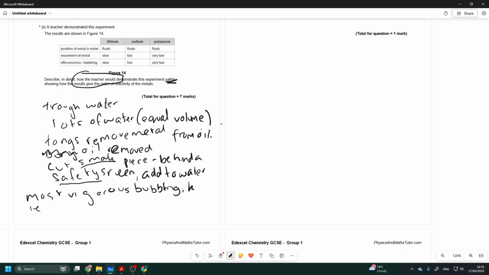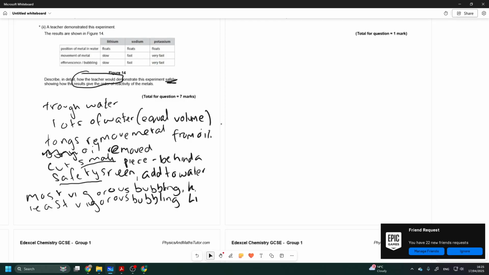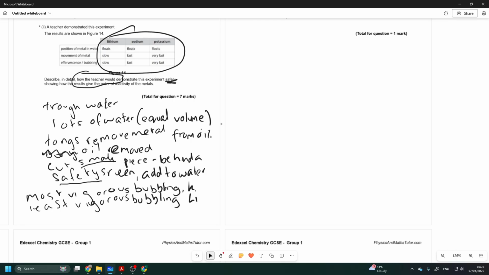And you could also say the least vigorous bubbling would be with lithium. Basically you are comparing them there. You're saying this one's the most reactive, this one's the least reactive. You've got all the results up here telling you about it.